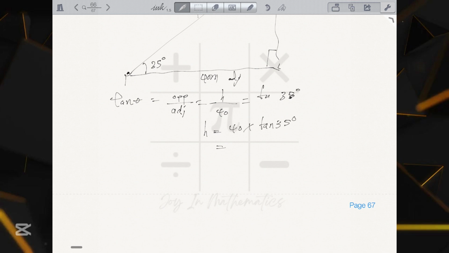Tan 35 degrees is 0.7002, and we'll have the result to give us 28.01 meters. So we have been able to evaluate the height of the tree using the TOA operation, which is tan theta equals opposite divided by adjacent.